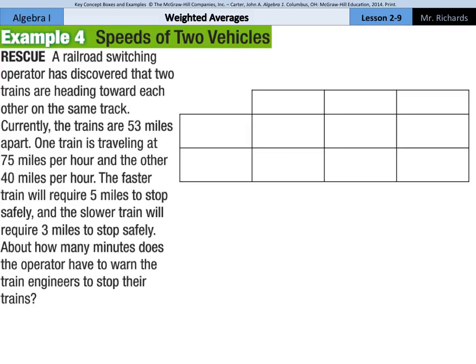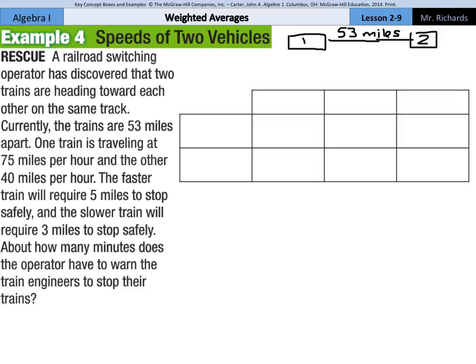collide? Okay, I added the collide part, but the first step here is to draw a diagram. So we have train 1 going this way, and we have train 2 coming at it this way. Right now they are only 53 miles apart.